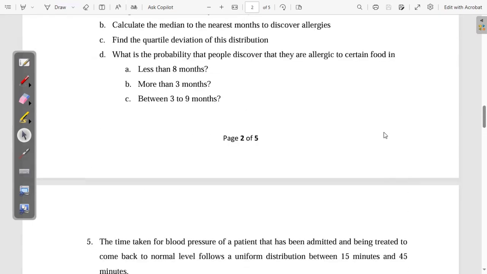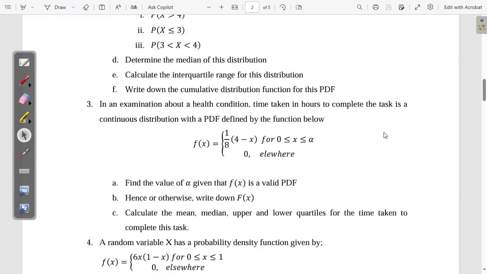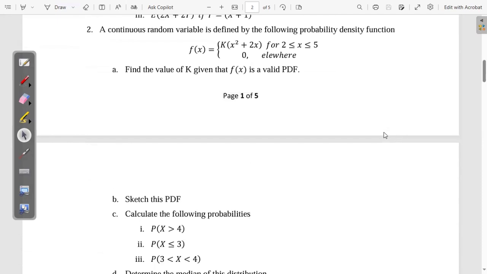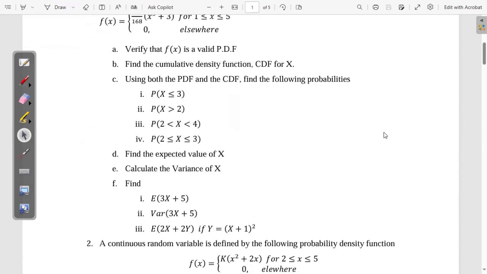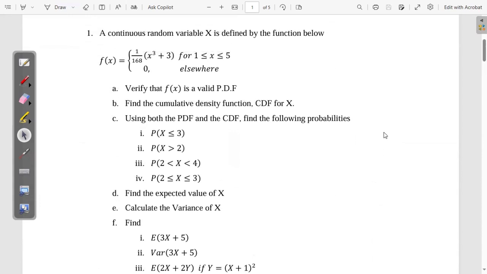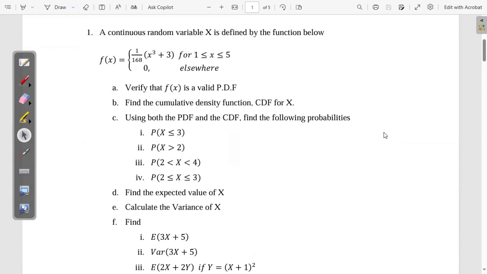How to prove that something is indeed a PDF. A PDF is just the function that represents a continuous random variable. Remember, when we were talking about the discrete case, those were represented by the PMF, the probability mass function.